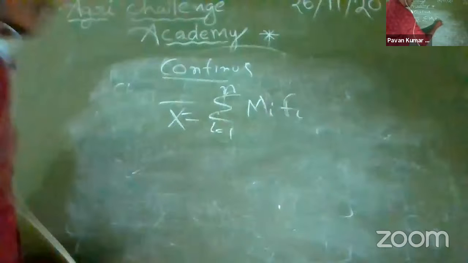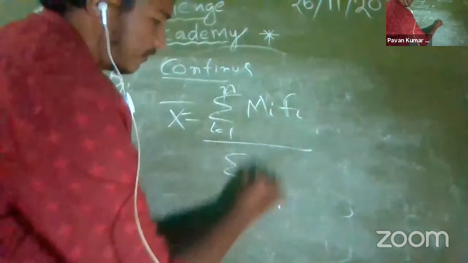This is small n, and this entire thing is capital N.